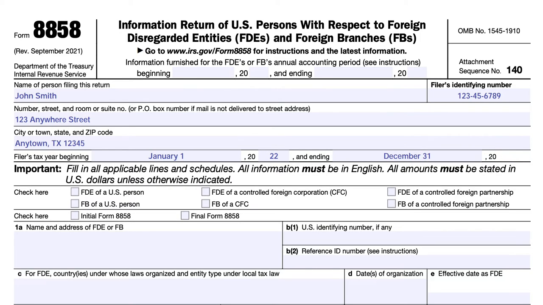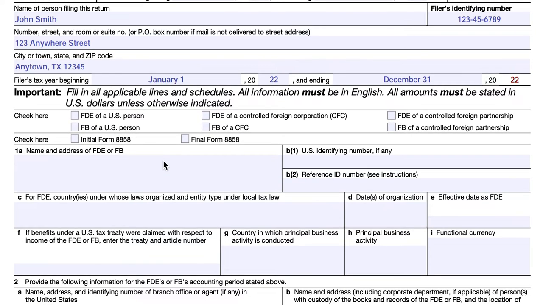So we're going to make this as straightforward as possible, since this is going to be pretty technical. However, we'll walk through this step by step. We'll just imagine that we're filing this on behalf of an FDE of a U.S. person.